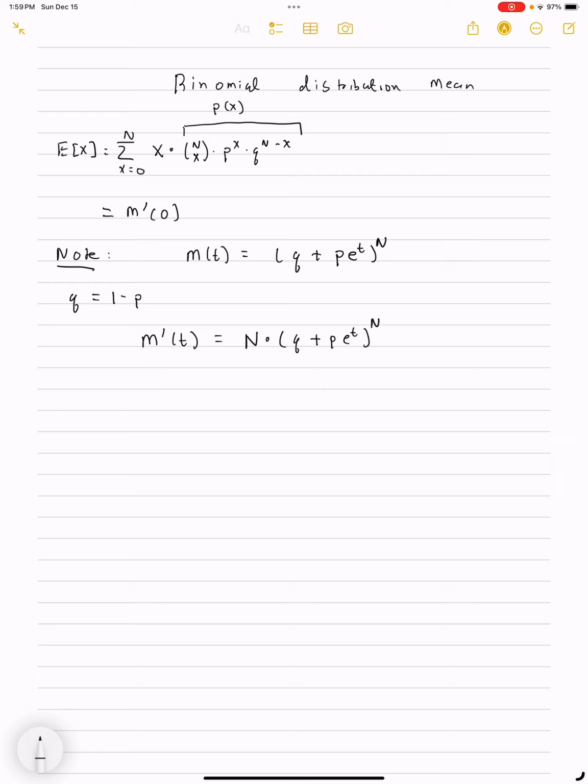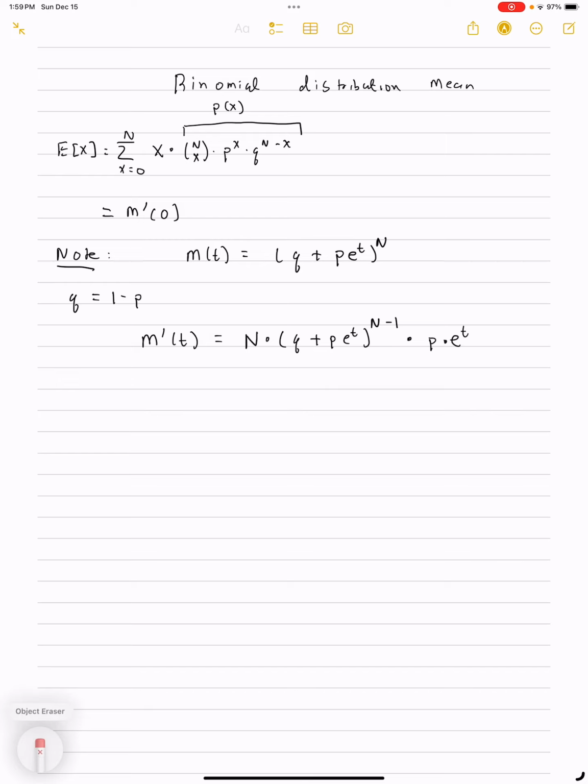The new exponent is 1 less, and now we have to multiply by the derivative of the inside with respect to the variable t. Q is a constant, so its derivative is 0. The derivative of p e to the t is just p e to the t, because the derivative of e to the t is e to the t.